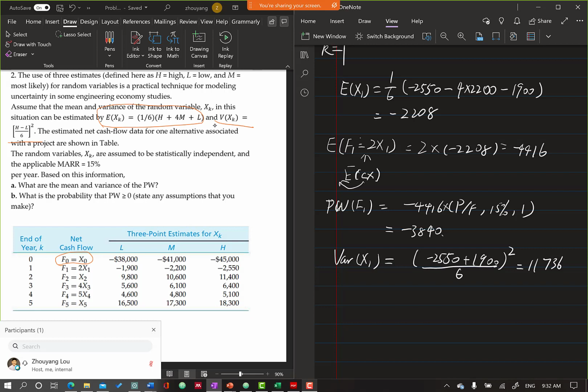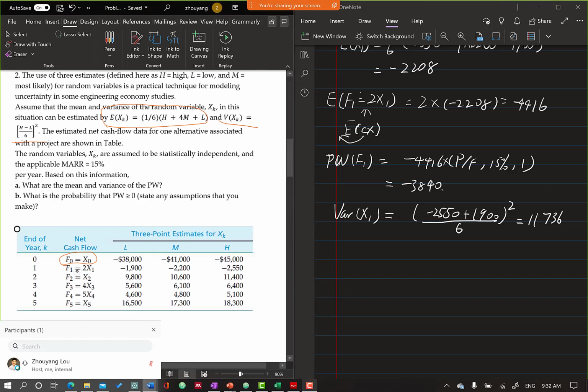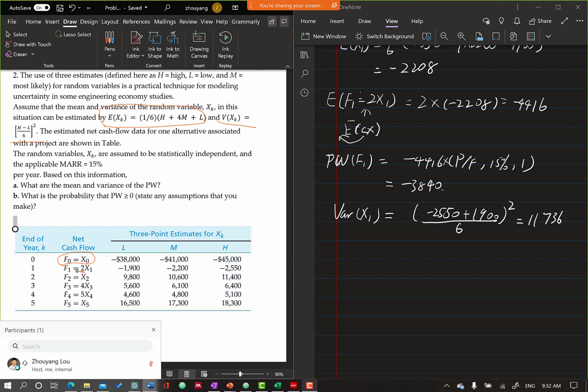Okay, the next one will be a little bit tricky. To calculate the present worth of the variance, we really need to put the c in this table, which is 2, and the factor together as a constant.